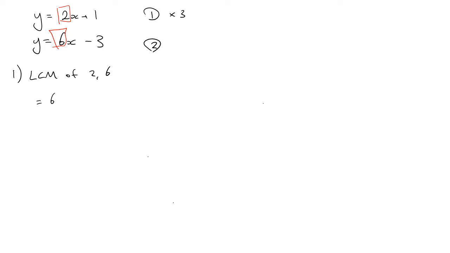So equation 1 times 3 is 3y equals 6x plus 3, and our equation 2 is the same, y equals 6x minus 3. Second step, we either add or subtract the equations to eliminate one of the variables. Now we can see straight away that if we subtract the equations, the 6x terms will cancel out.